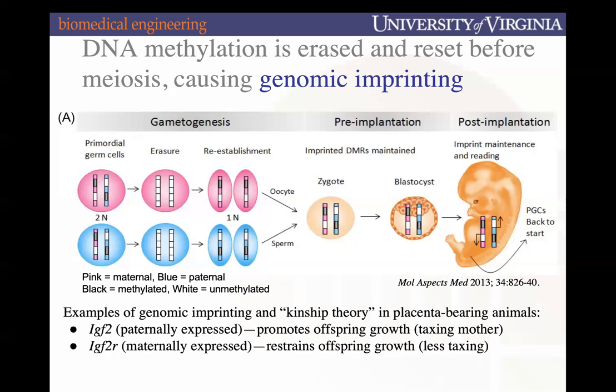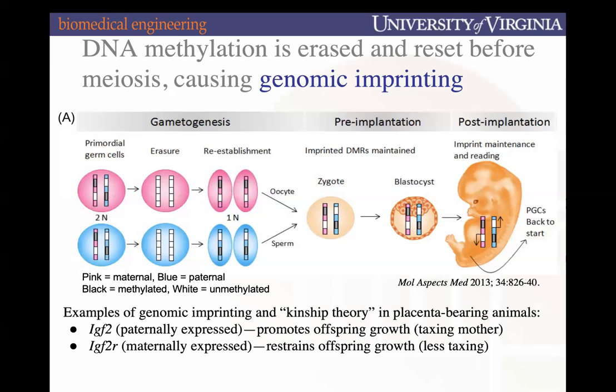It's kind of odd to apply it to humans, but when you think of it across all mammals, particularly placenta-bearing animals, the idea is about IGF-2. We talked about this during the steroid lecture, where that is what the androgen receptor targets. That is the gene the androgen receptor is targeting to promote its transcription.